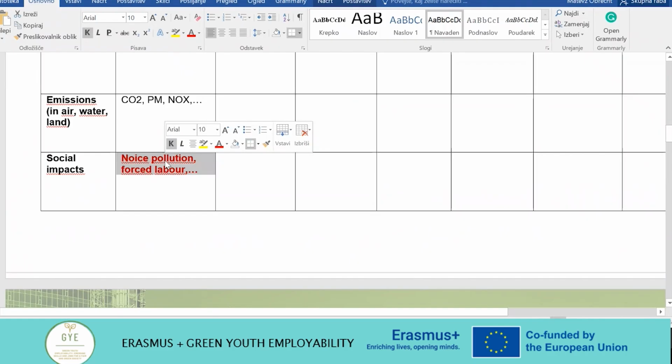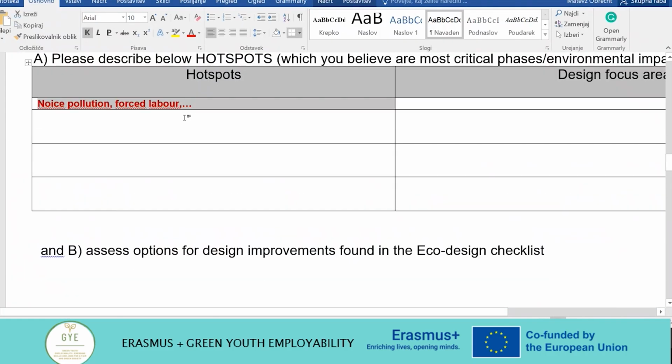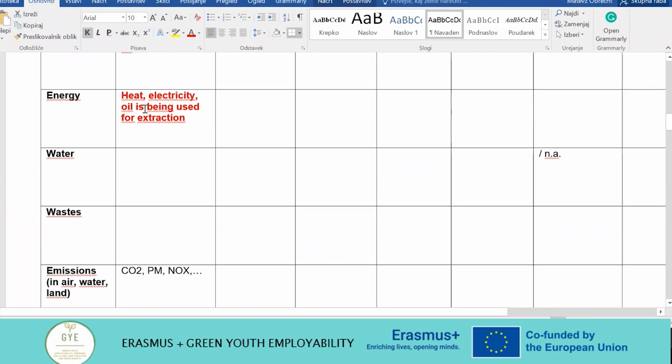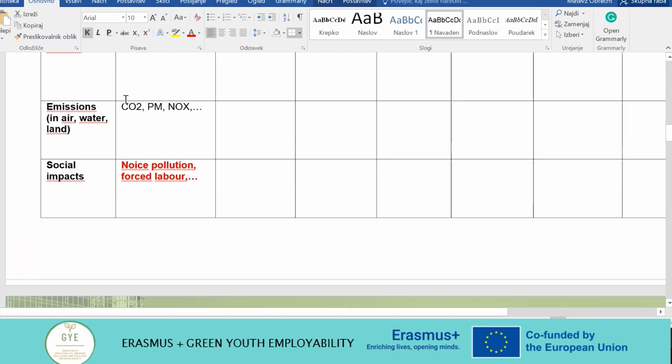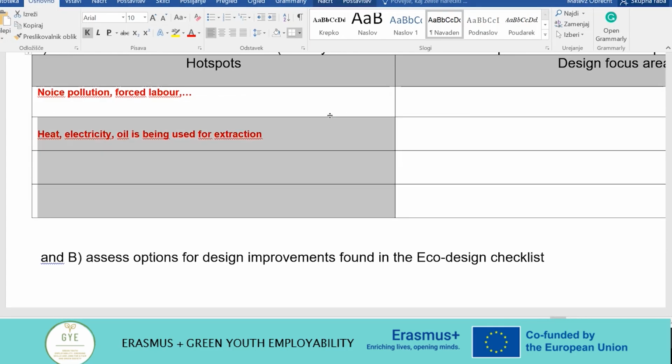So let's say you will do it like noise pollution, and you will put it here, noise pollution, forced labor. You have it here. So heat, electricity, oil is being used for the extraction. You have the second one.